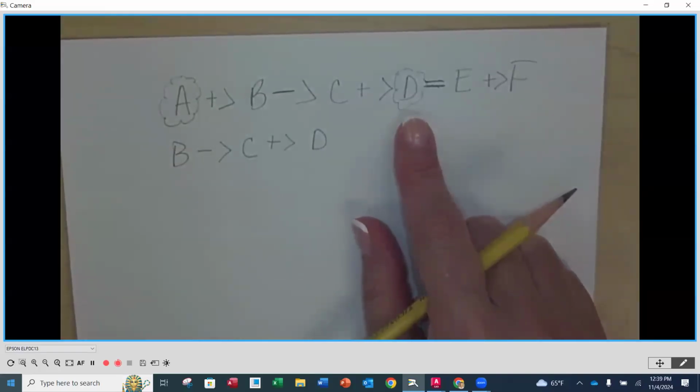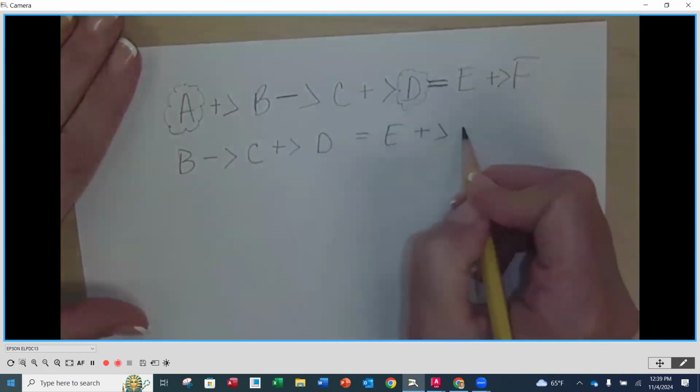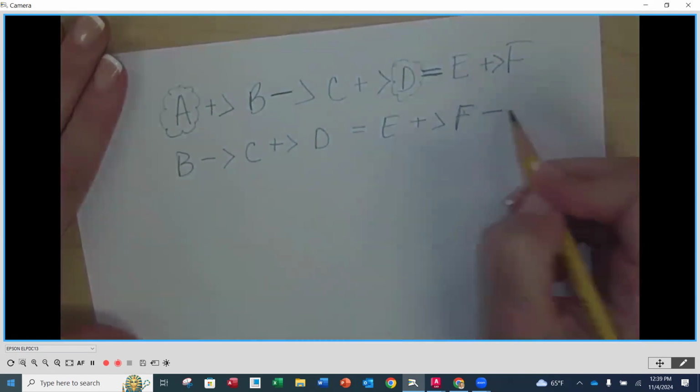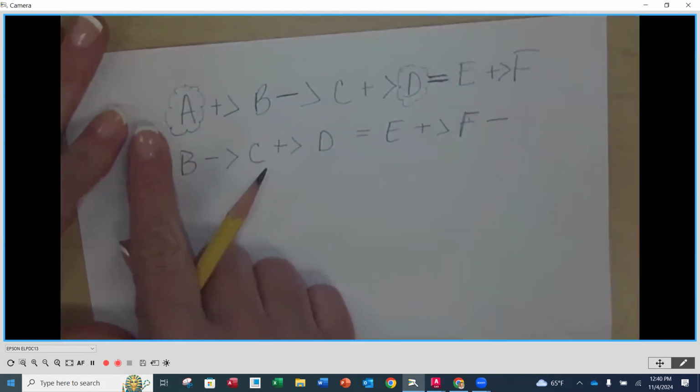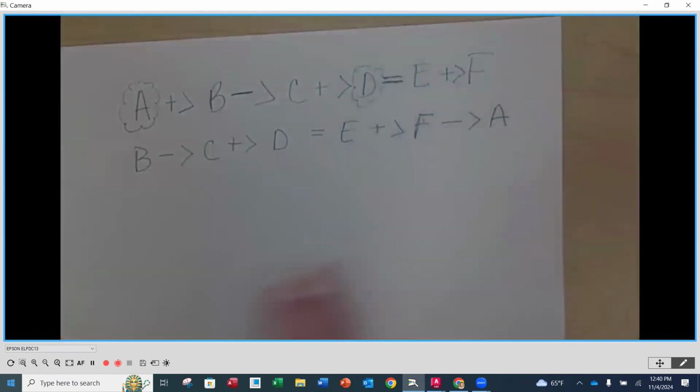Then I don't have to worry about it. Then it's going to be equal to E plus vectorially F minus, because there's an assumed positive out front here, minus vectorially A.